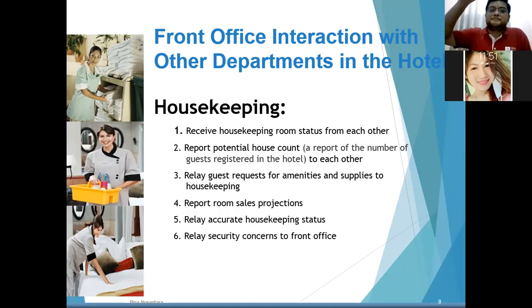Maybe the aircon is not cold, there's a leak in the plumbing line, or maybe some of the light bulbs are not on. So we call it out of order room, OOO. So that is the five room statuses. They will be exchanging room status with each other.